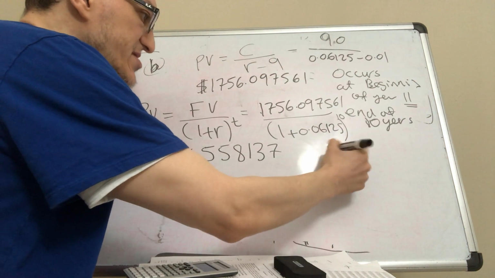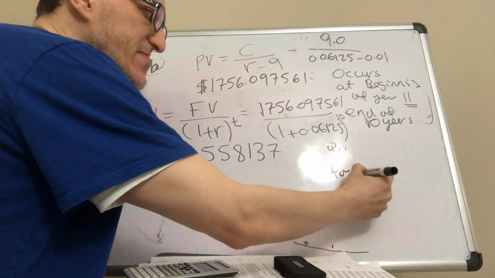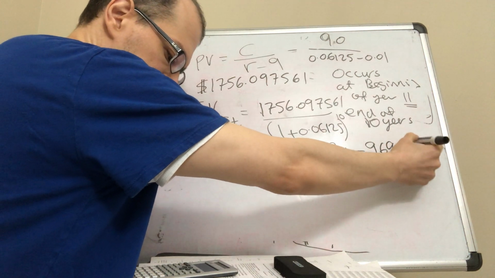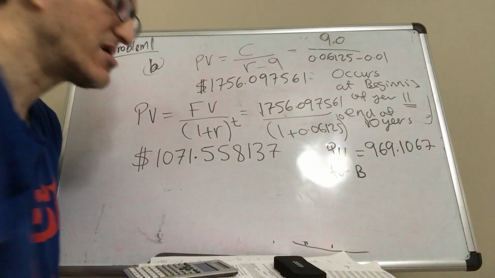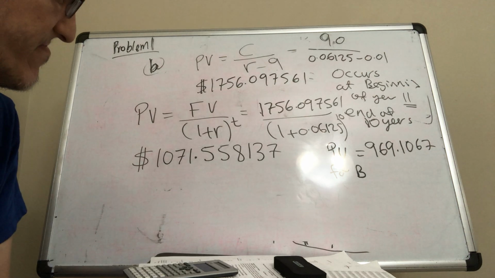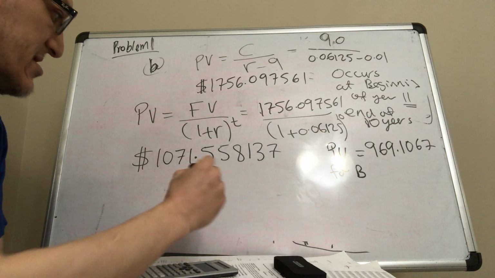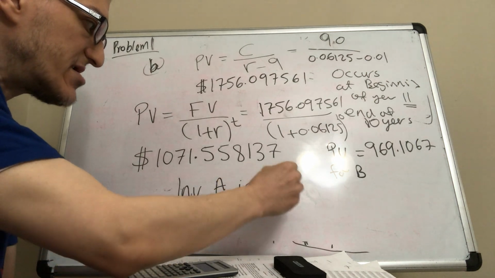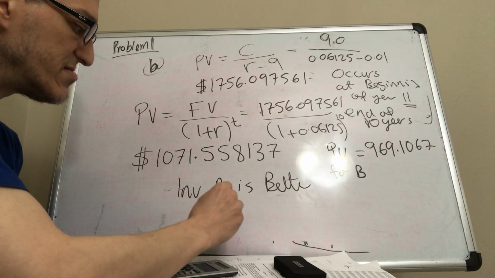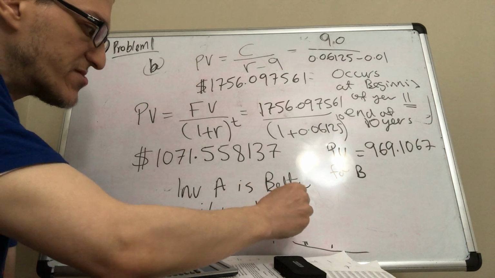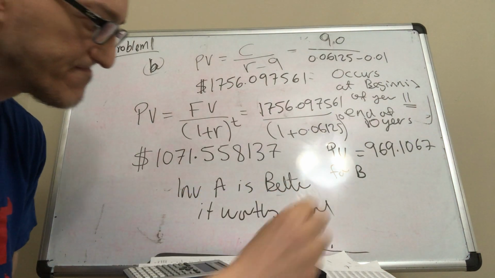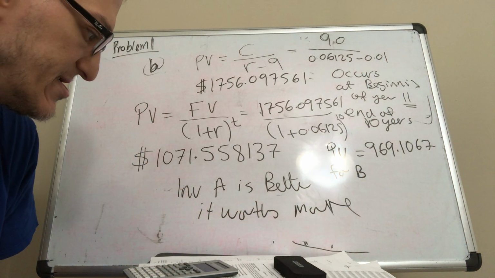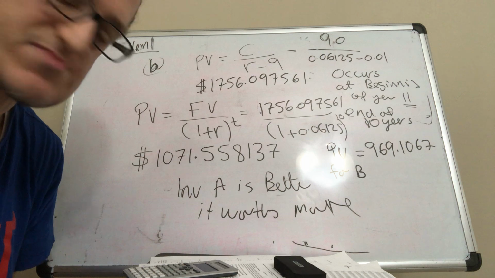So the present value for investment B is 969 at about 11 cents. So obviously investment A is better because it's worth more. So that's for the first question, problem number 1.